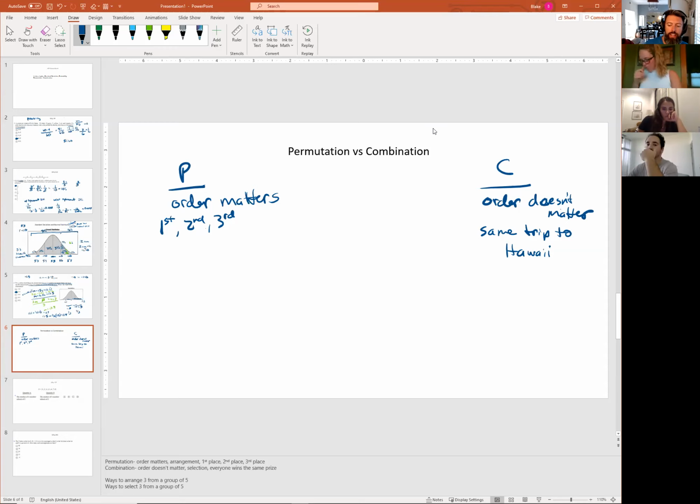There are some key phrases or wordings that can help you sort between the two. For permutation, arrangement, or how things are arranged, or certain things can be arranged, that's a key word for permutation. Because if you think about it, for arrangement, it's not just what is in the group, it's how the group is arranged. So that's a permutation.